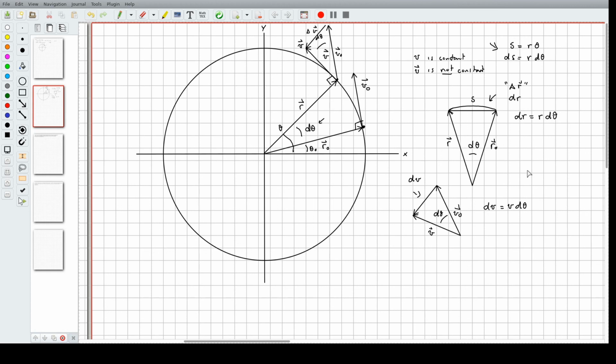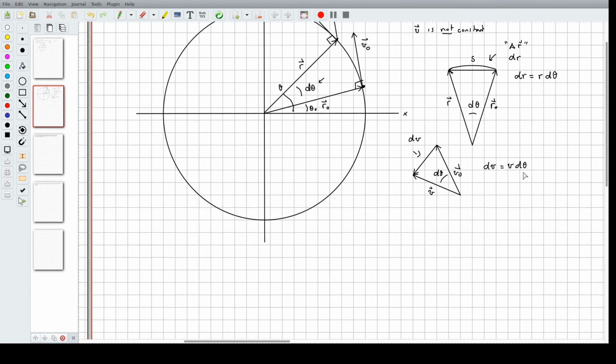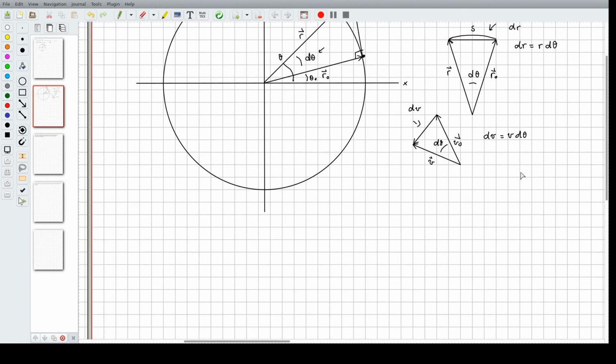So that said, let me scroll down here just a touch. And now from looking at arguments dealing with the direction of the radius vector, we get this. From looking at arguments dealing with the direction of the velocity vector, since the radius and the velocity are linked by 90 degrees, you have the same angle being swept out.